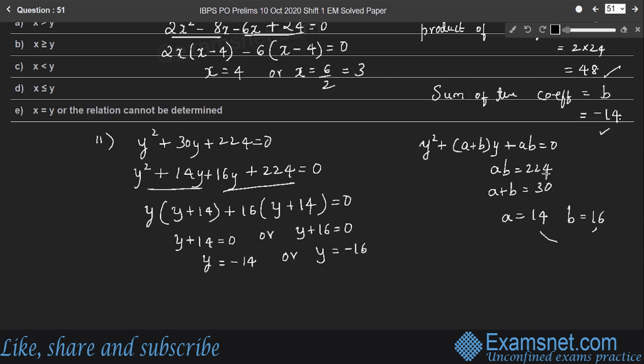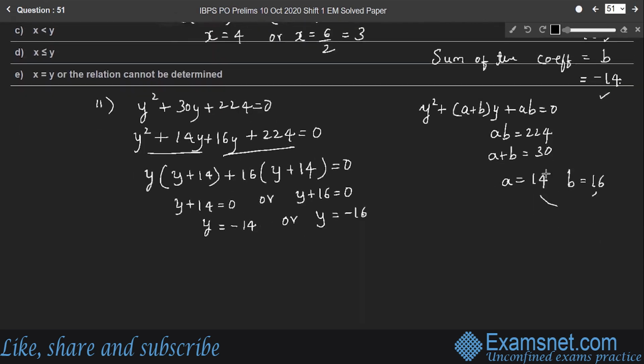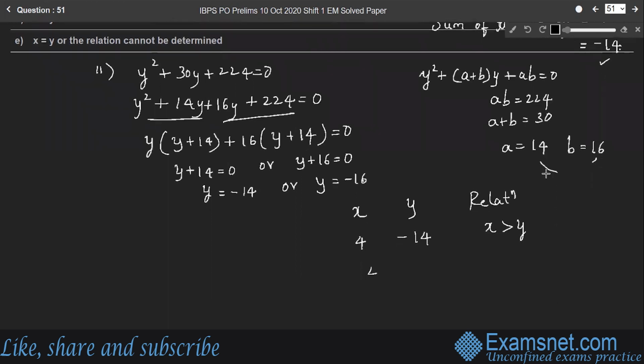Now relate x and y, right? So if x is 4, y is minus 14. So the relation is x is strictly greater than y. If x is again 4, y is minus 16, x is strictly greater than y, right?